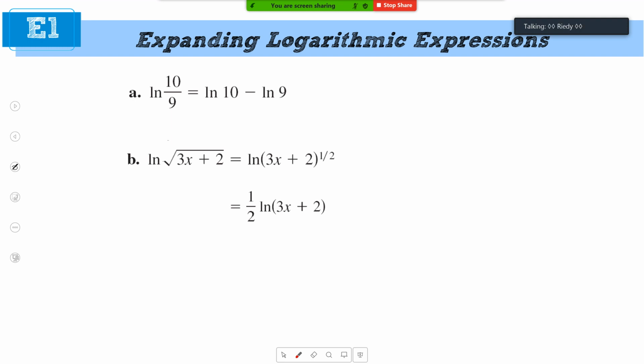Okay. Now, you got to be careful, though. There's a difference between this and this. This is just a natural log of x squared. You can't do anything to this. This one, however, you can take that and bring it out in front to get 2 times the natural log of x. Okay, so exponents can be moved out in front.